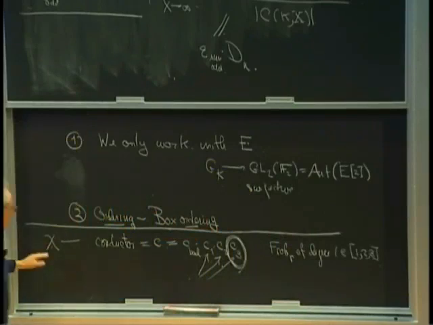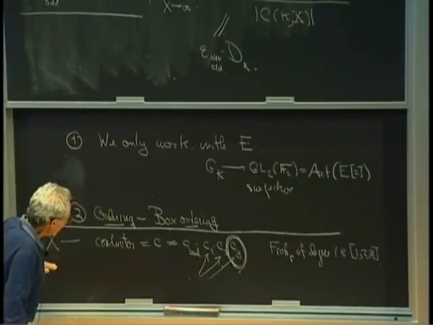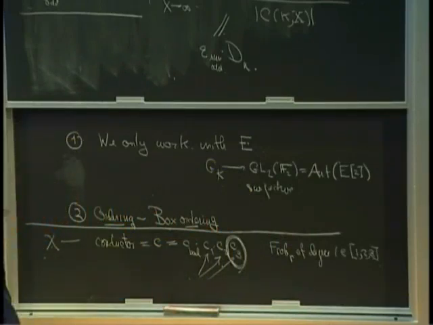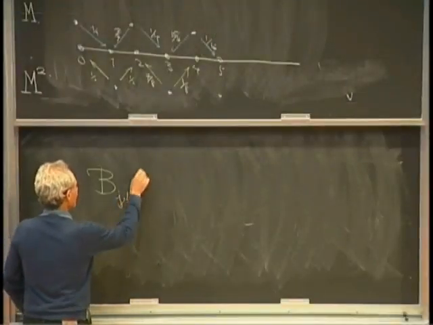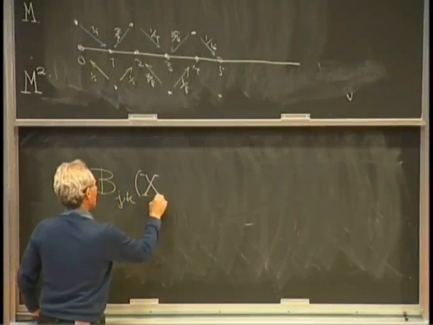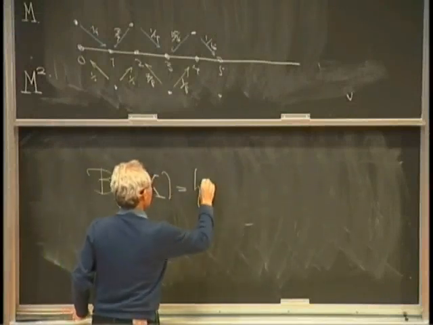We order rather with our chi's by, well, to be more precise, I'll define B_{j,k}(X), the set of all chi's.